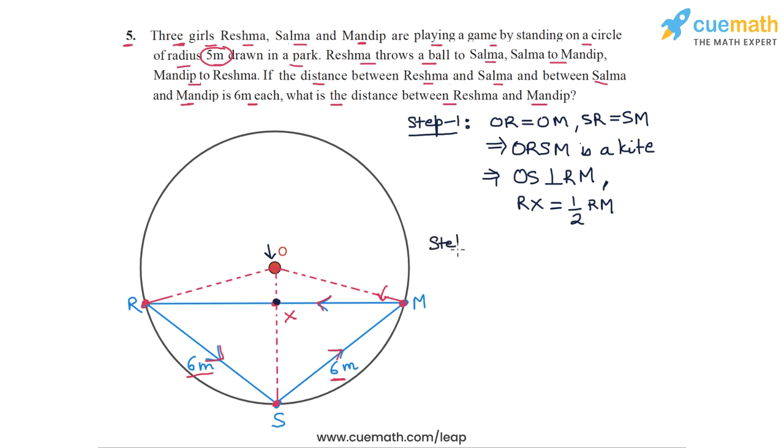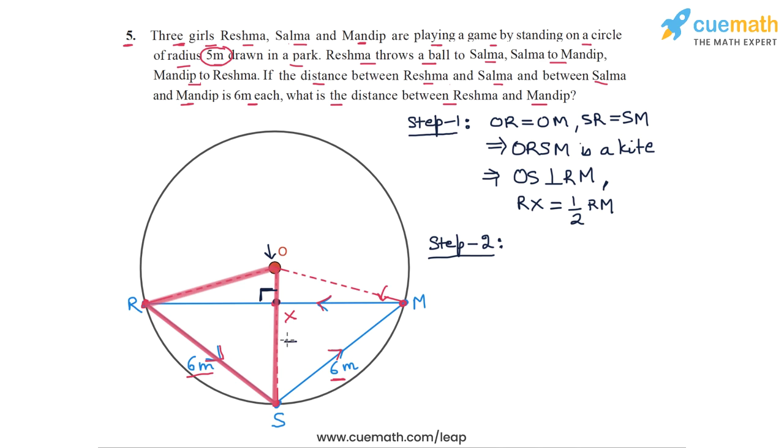Now in step 2, we will write the area of triangle ORS. Let me highlight that triangle again so that we can focus on it. This is the triangle ORS that we will consider. We will write the area of this triangle in two different ways. We have this Rx perpendicular to OS.